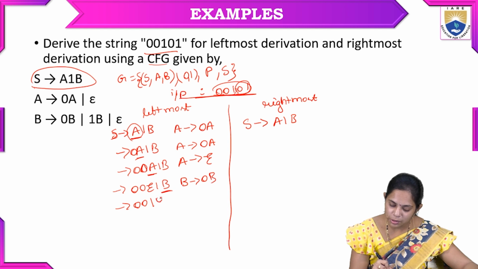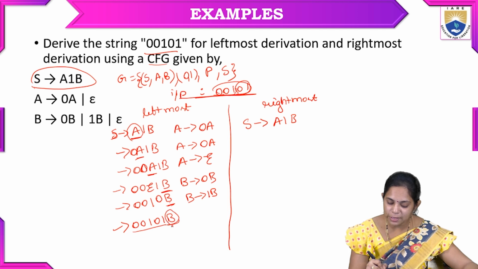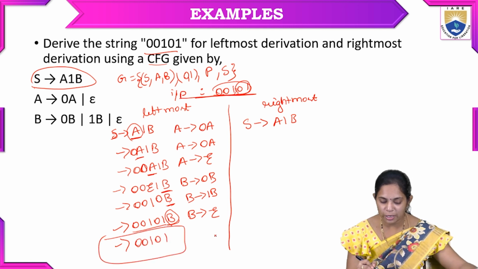We will substitute this 0B. And after this one, according to our input, we require 1, B. So 0, 0, 1, 0, 1, B we have. So we already have this input string, and if you replace this B with epsilon, we will get the input string. So this is about the leftmost derivation.